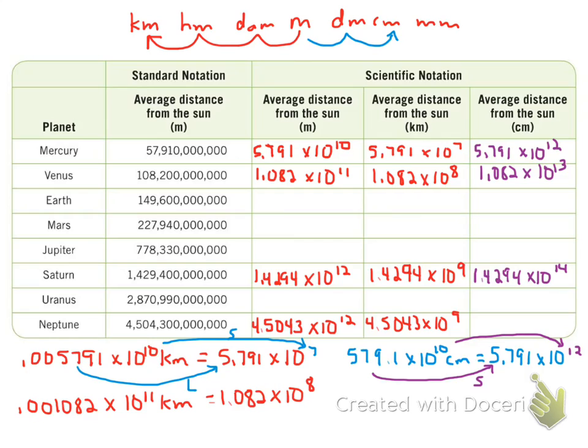And the last one would also be to the 14th power, 4.5043 times 10 to the 14th. Any questions on that table? Okay, so you can go back and fill in the missing ones later.